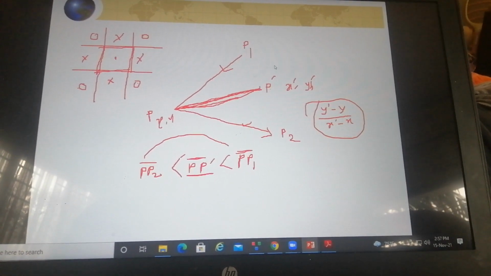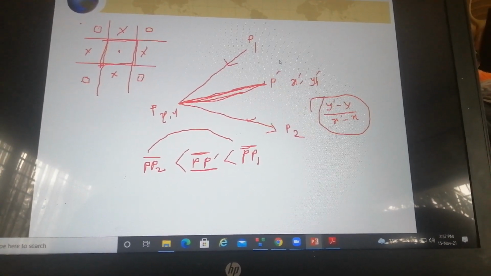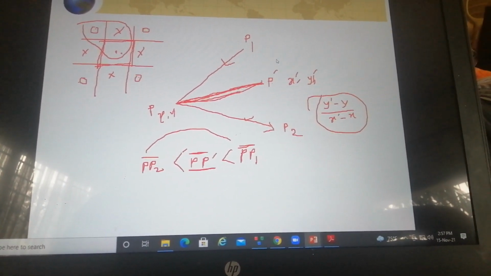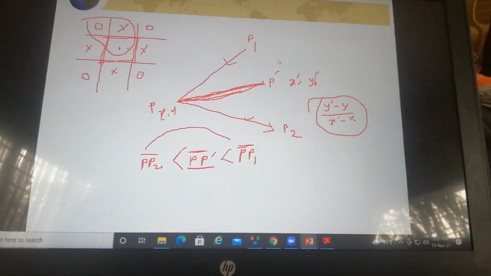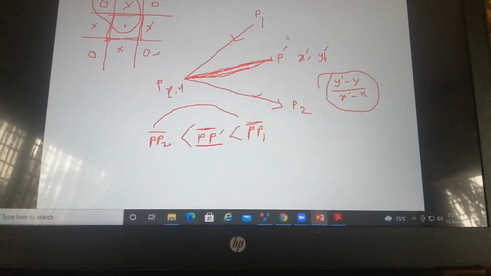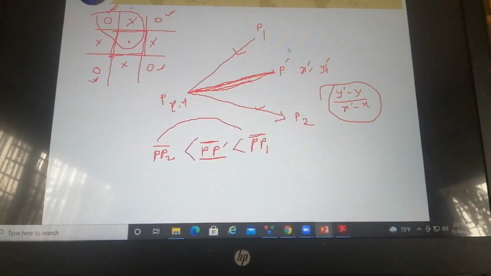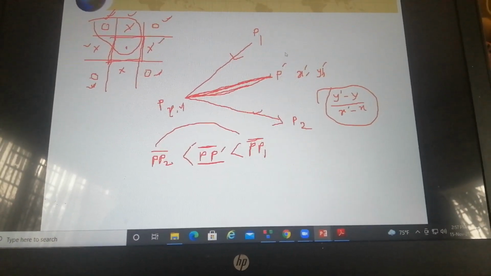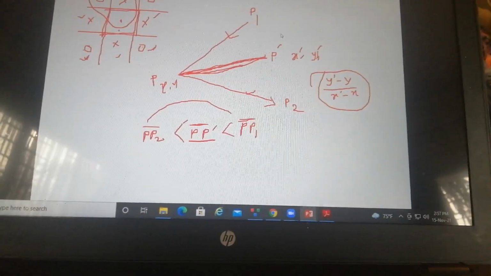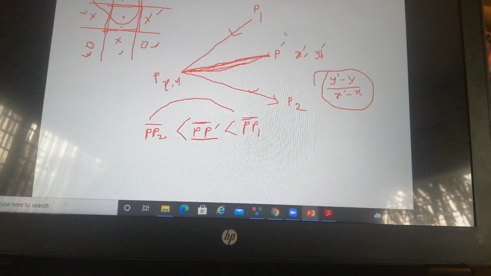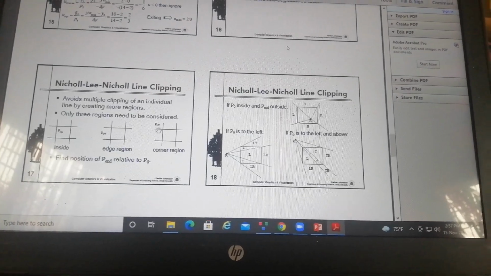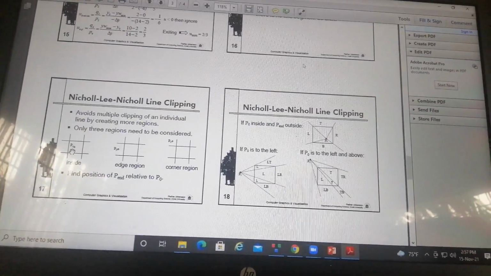So if we consider only these 3, that means we covered everything, right? Because if we can figure out this one, we can easily figure out that one, and that one, because these are all symmetric, right? বুঝা যাচ্ছে কথাটার মানে? Yes, sir. Okay. So that's why we are dealing with 3 regions. That means the corner, left side, and the middle one.